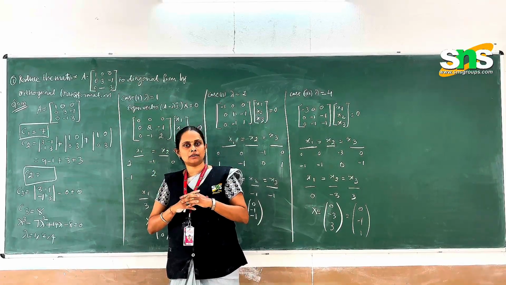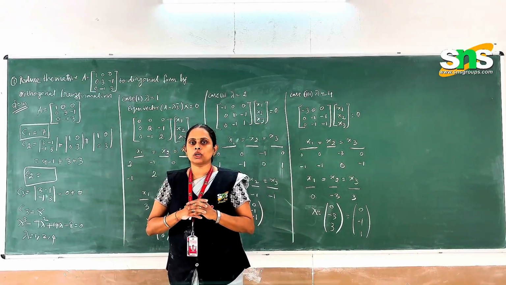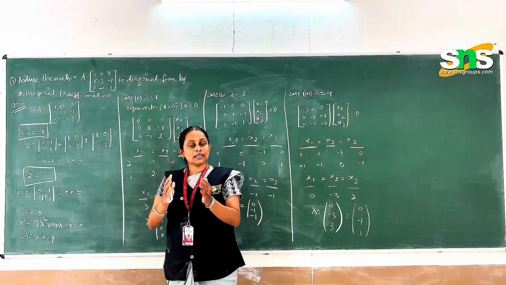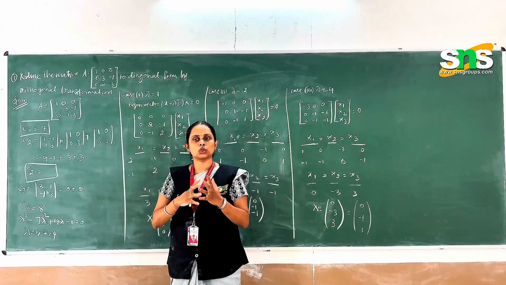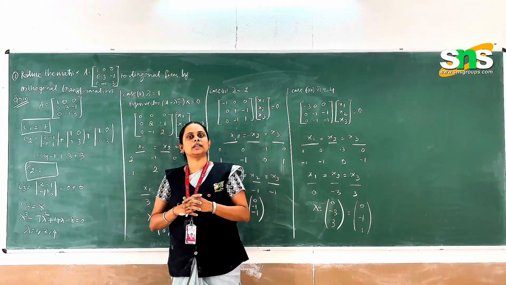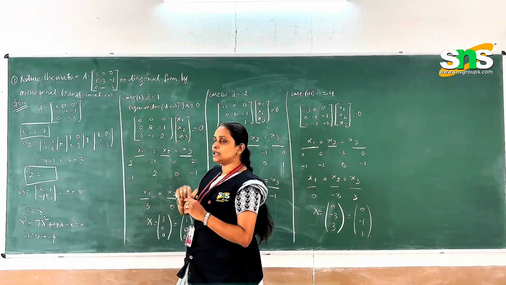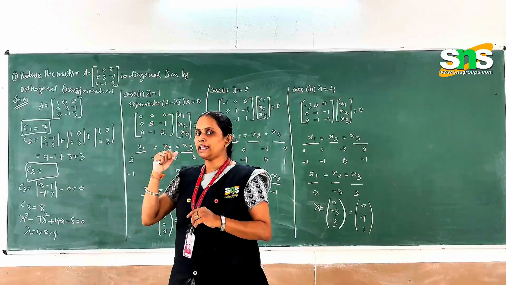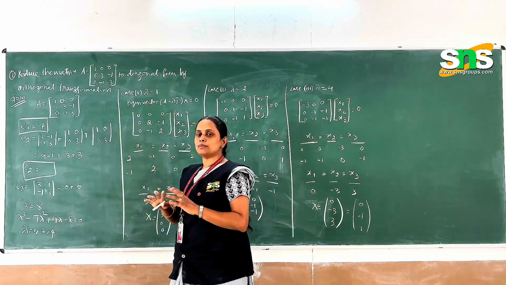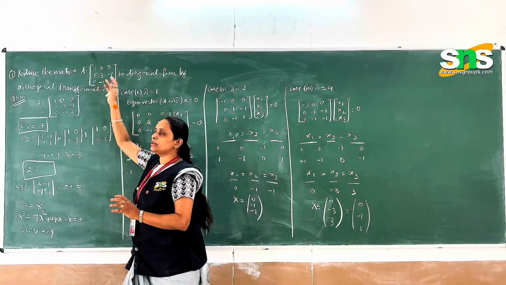Combining the normalized eigenvectors, we get the normalized model matrix N. Then that normalized model matrix is orthogonal, that is N transpose N equals I. The last step is D equals N transpose A N, which is in diagonal form. Using these steps we are going to solve this problem.